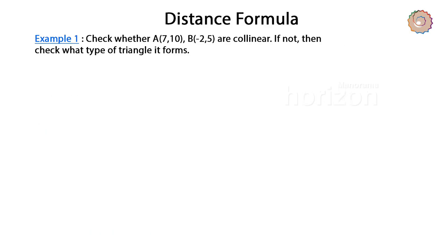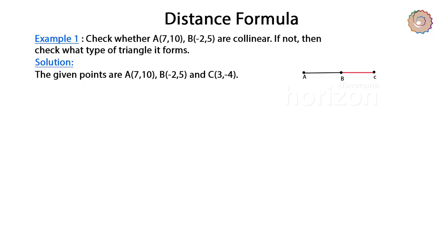The next one is: check whether A (7, 10), B (-2, 5) and C (3, -4) are collinear. If not, then check what type of triangle it forms. If these points are collinear, then the sum of the two sides must be equal to the third side. Otherwise, it's a triangle. So, let's first find the distance of each side.